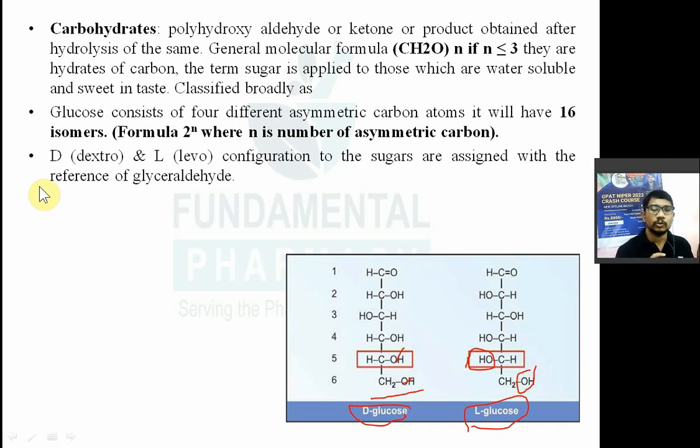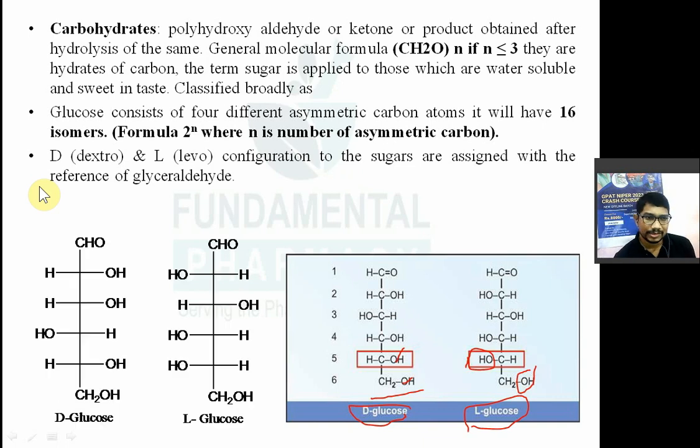So if you place a solution of glucose in the polarimeter, it will either rotate the plane polarized light to the left side or right side. If it rotates to the right side, known as dextro. If it rotates to the left side, known as levo. Okay, so depending on that rotation of plane polarized light, levo or dextro. You can see over here I have told you the structure of D glucose and L glucose.